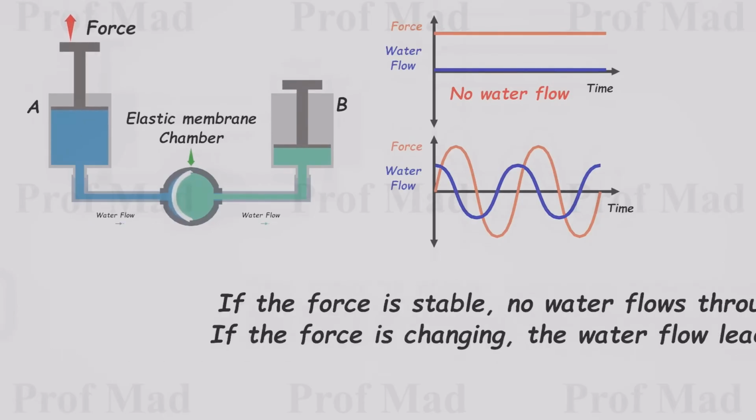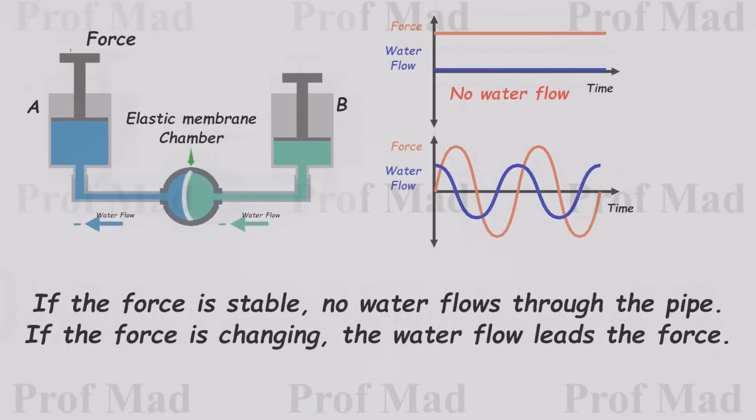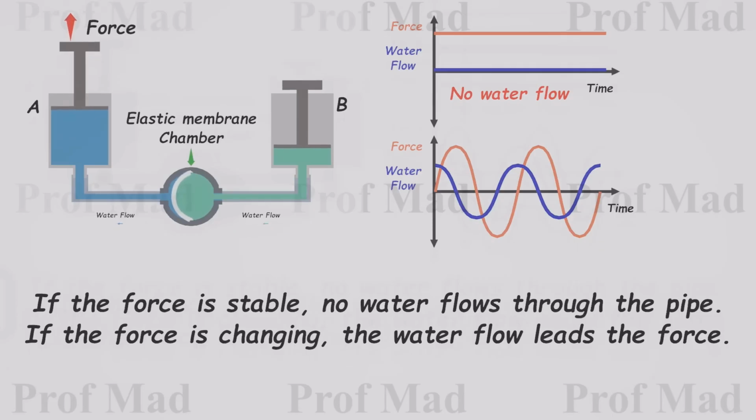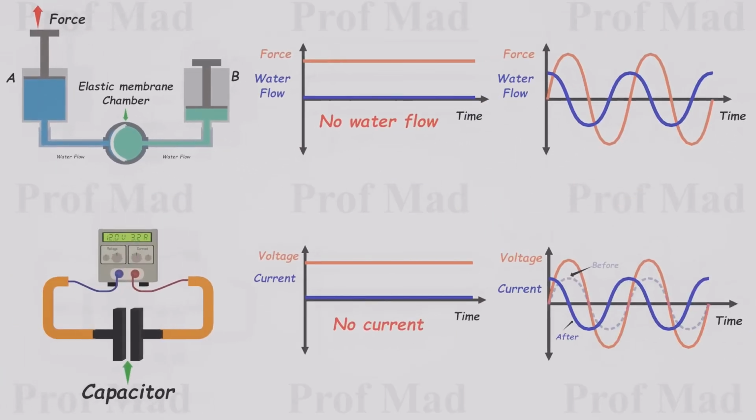If the force remains constant, no water flows through the pipe. However, if the force changes, the water flow leads the force. This behavior closely mirrors how a capacitor operates in an electrical circuit. In direct current, where the voltage is constant, the capacitor does not allow current to pass through.